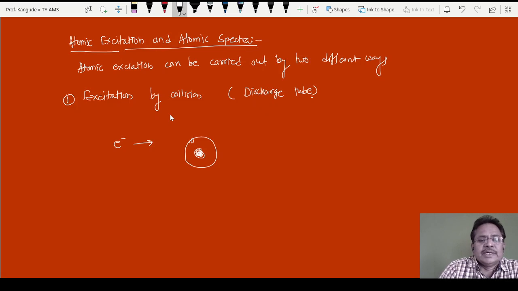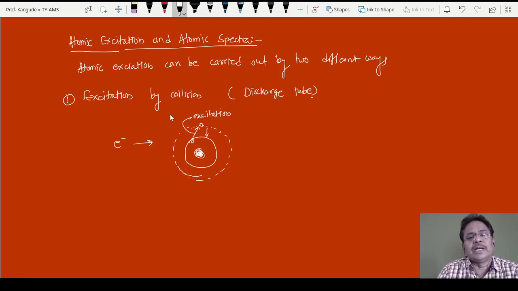If this electron is excited to a higher orbit, the energy of the incoming electron is taken, and this electron goes into the higher orbit. So this is called atomic excitation. When it is brought up here, it is called excitation, and when it comes down, it is called de-excitation. Remember, the energy of this incident particle, it may be any other particle also, should be equal to the energy difference between these two orbits.